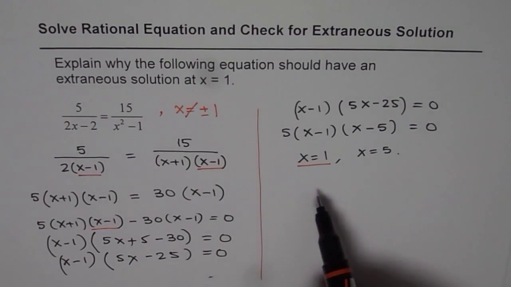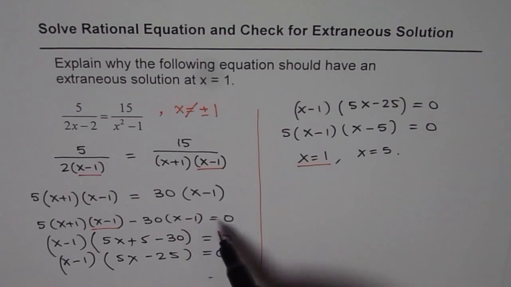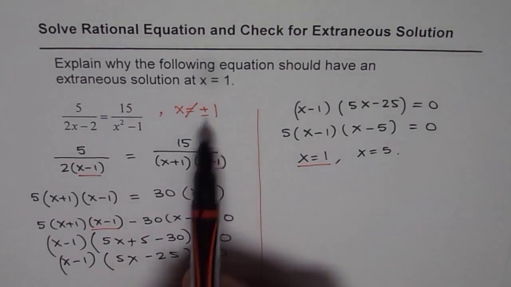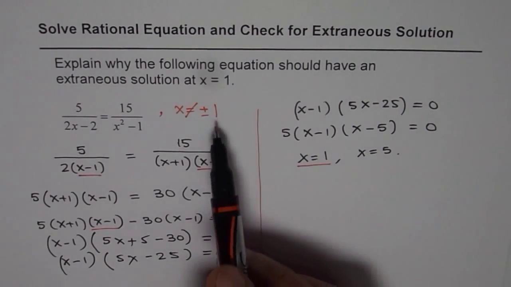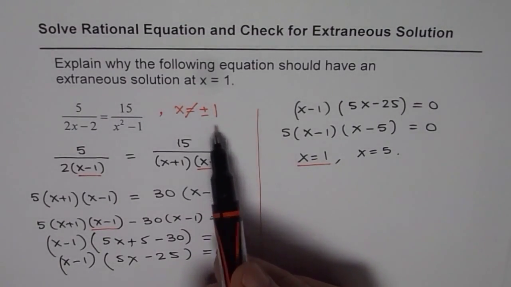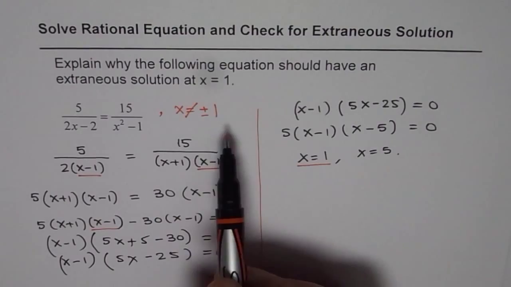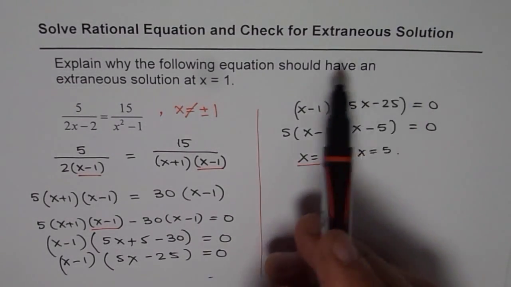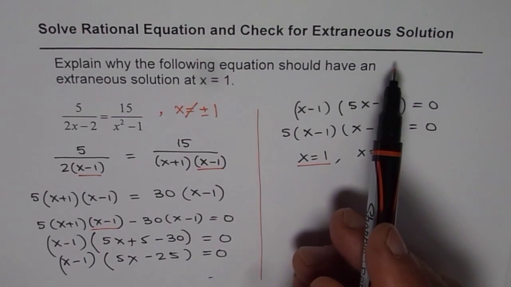Now, when you solve the equation, the method is absolutely correct. Since we know that the restriction is plus minus 1, you can check your answer against the restriction. If one of your answers is a restriction, then that is an extraneous solution. I hope that makes things simpler.